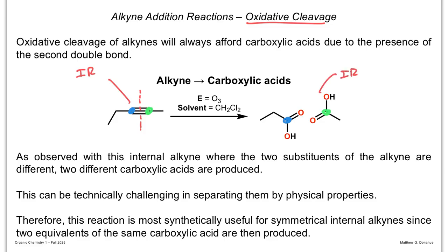So think about what are the IR signatures of alkynes? How do we know an alkyne is in an IR? Also think about IRs of carboxylic acids. How do they differ from alcohols? Another one is the chemical shift ranges for sp hybridized carbons are different from sp2 hybridized carbons in the carbon NMR.